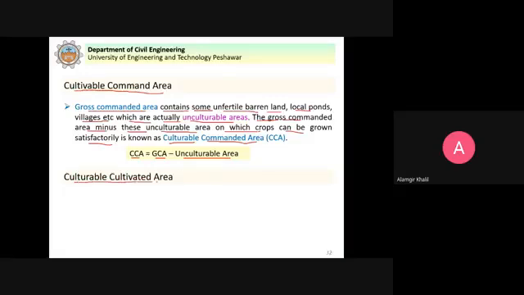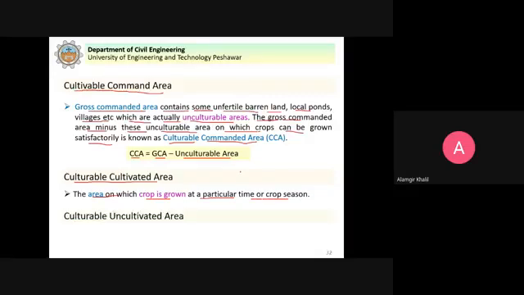Culturable cultivated area is the area on which a crop is grown at a particular time or crop season. Culturable uncultivated area is the area on which no crop is grown at a particular time or crop season.